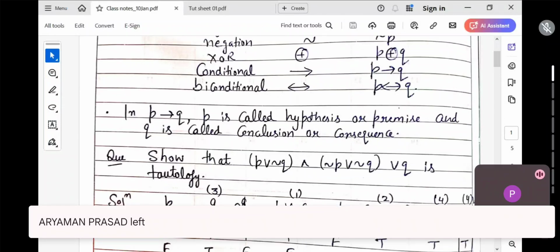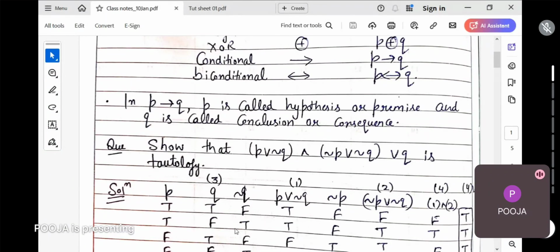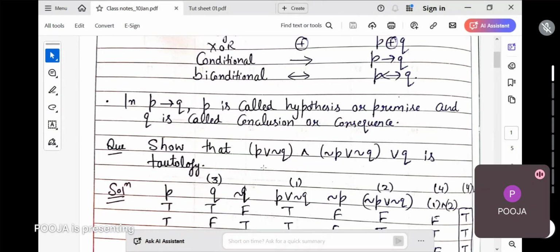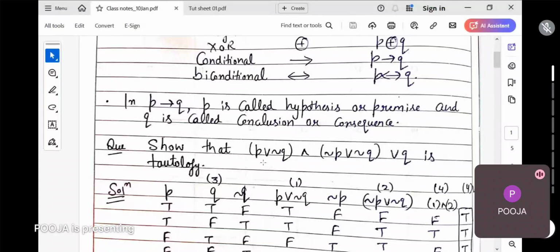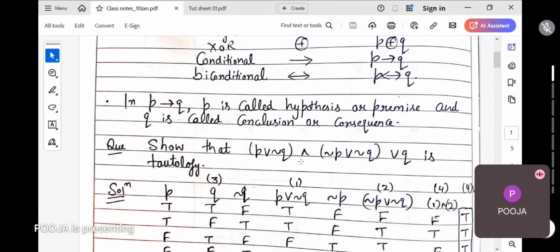This is a question based on the content that we covered in the last class. Conjunction is actually meet, and disjunction is actually join. So this is P join negation of Q, and this is negation of P join negation of Q. Disjunction is referred to as join, and conjunction is referred to as meet.